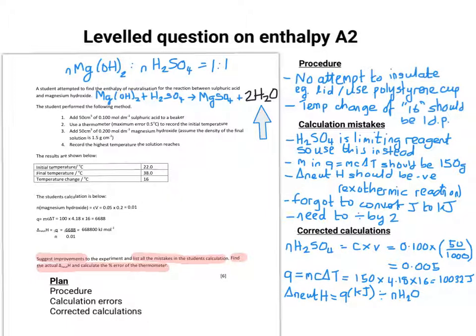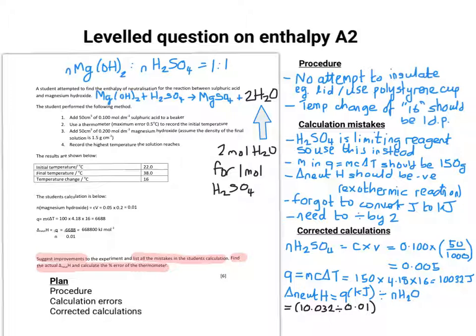Now because there was 0.005 moles of H2SO4, that must mean that there's 0.01 moles of water made, because it's a 1:2 ratio from the equation in the top left. So instead of dividing 10,032, or should I say 10.032 kilojoules, by 0.005, I divide it by 0.01, because that represents the number of moles of water that's been made.